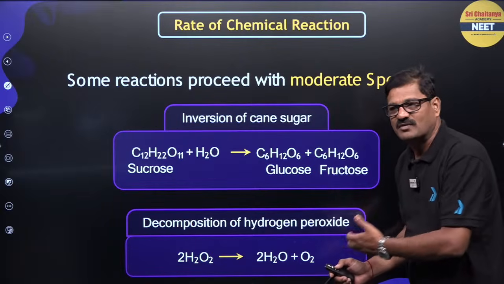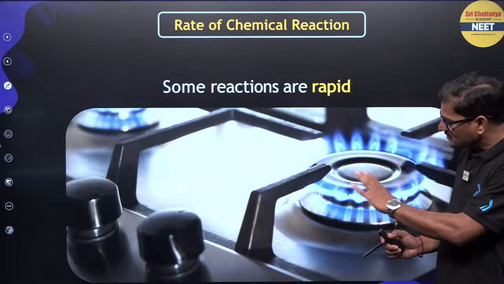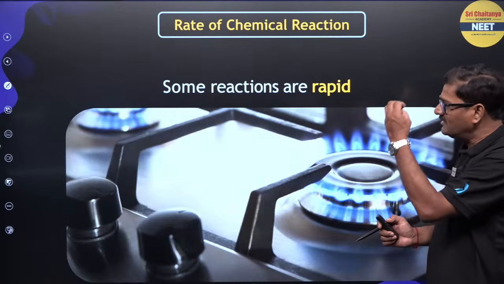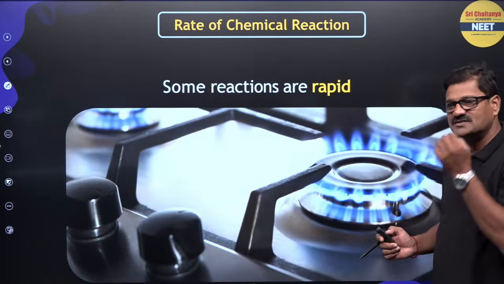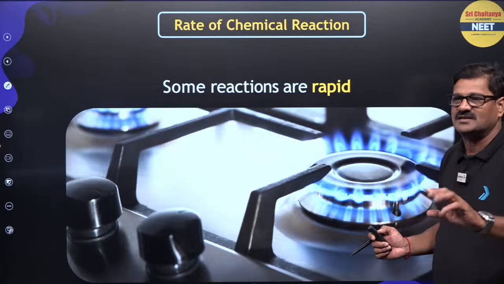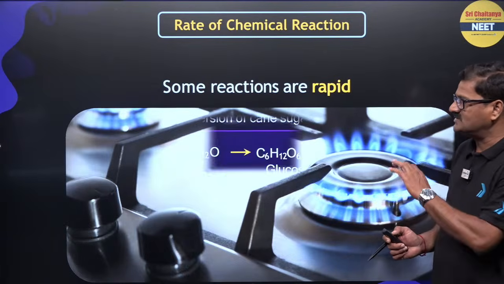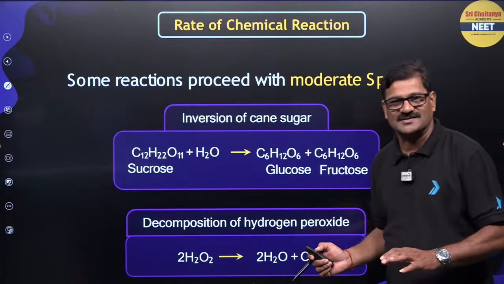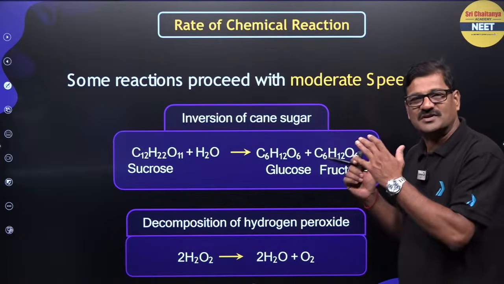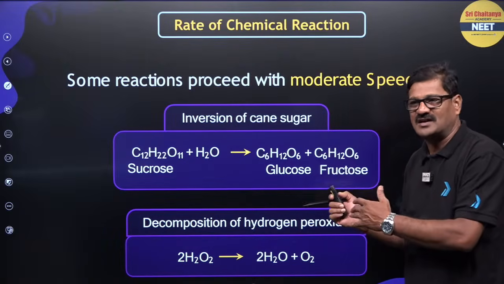Decomposition of hydrogen peroxide, you can't measure the rate here because the time taken to complete this reaction is very small. It is not feasible in an experiment. And this is a moderate reaction, students. In a moderate reaction, you can measure the concentration, you can measure the time.